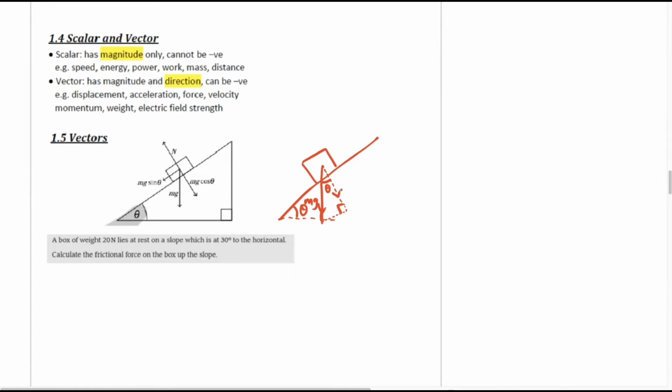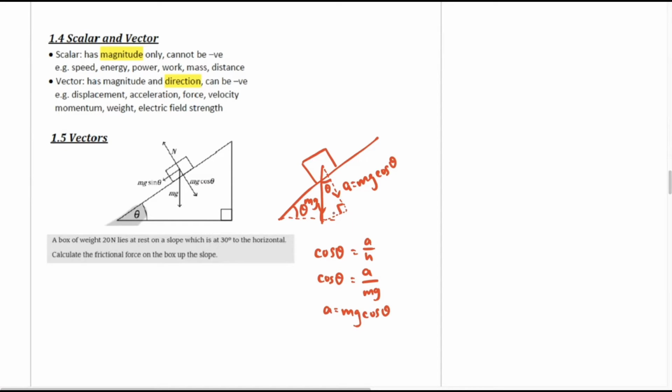Here is mg, the hypotenuse. To find this, you need to know this is the adjacent, and cos theta is adjacent over hypotenuse. So the adjacent is mg cos theta. That's why we have this.